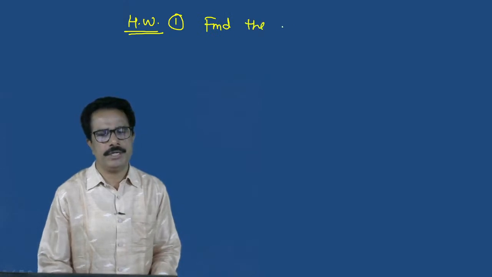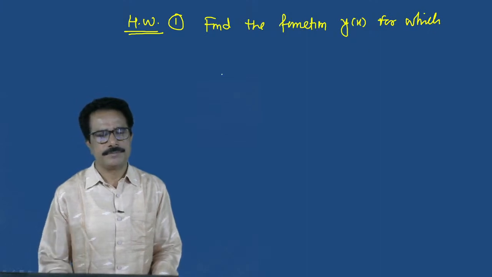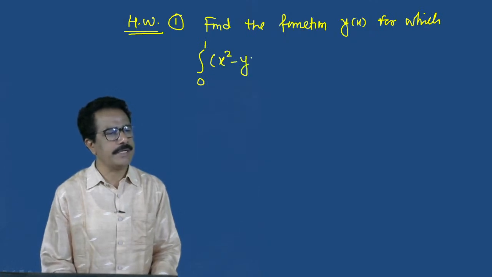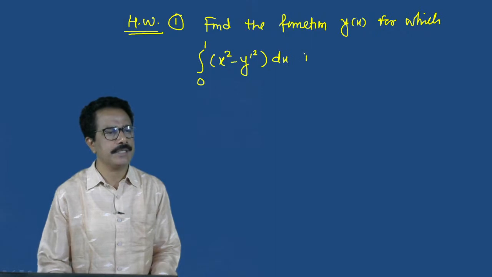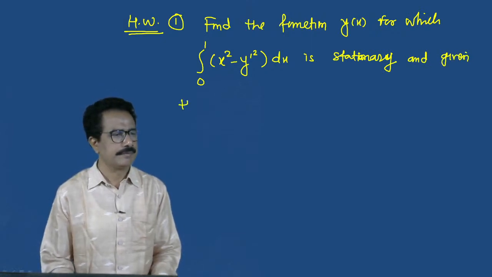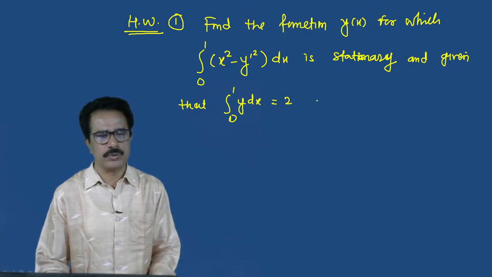Find the function y of x for which the integral from 0 to 1 of x square minus y dash square dx is stationary, and given that the integral from 0 to 1 of y dx is equal to 2.